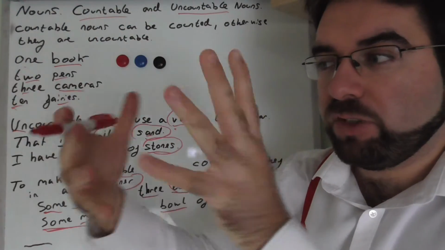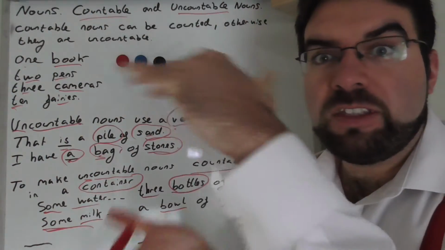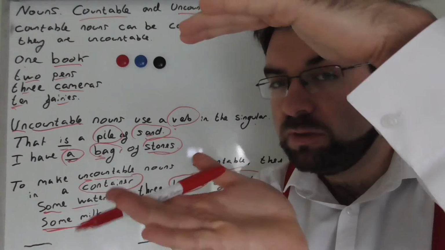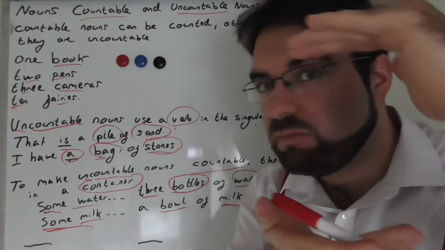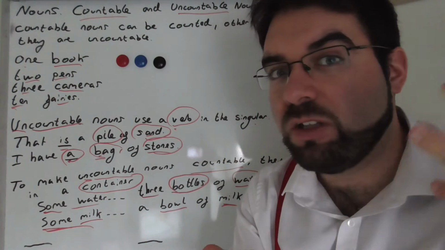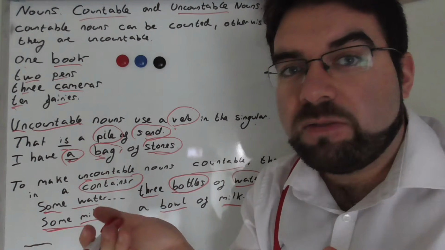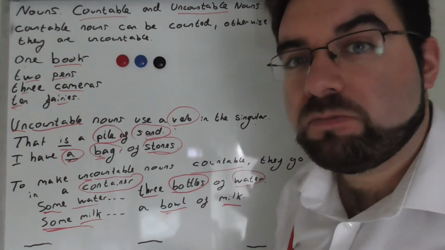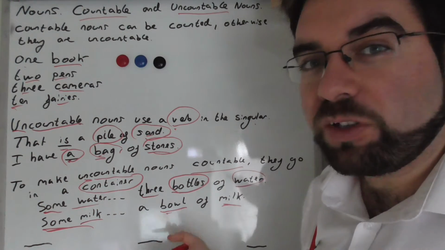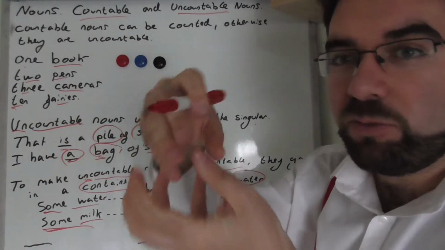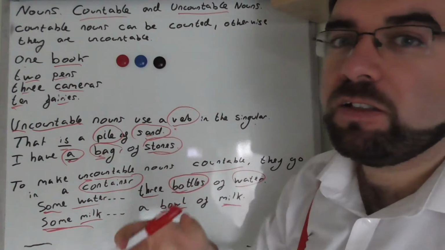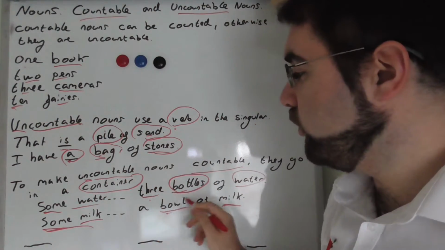Well, I have this much of water. But how much is that? How much is this much? It is a bowl of water. It's a bottle of water. A bottle of water. 3 bottles of water.